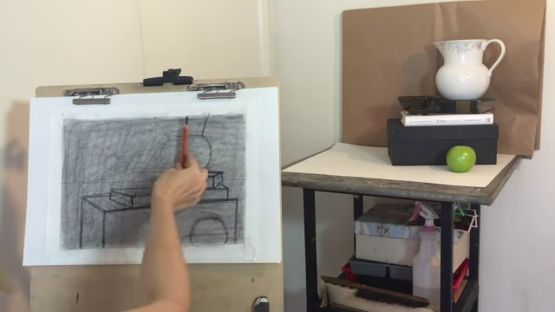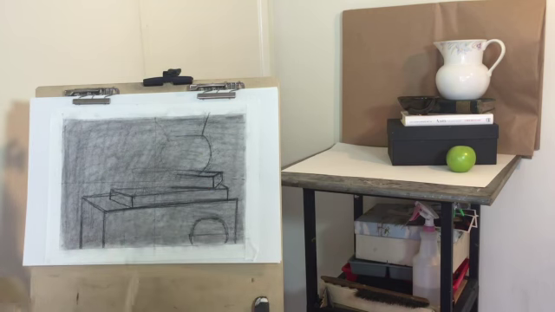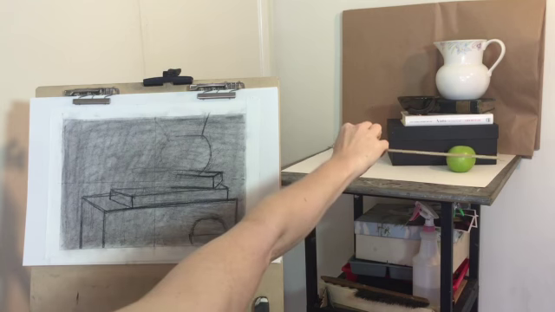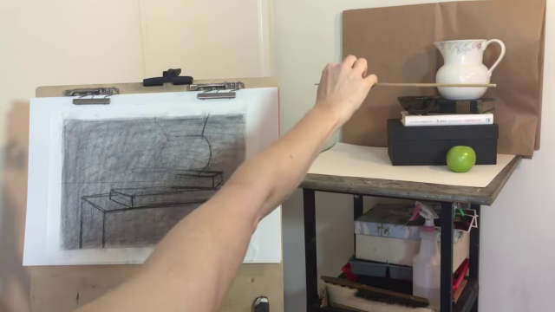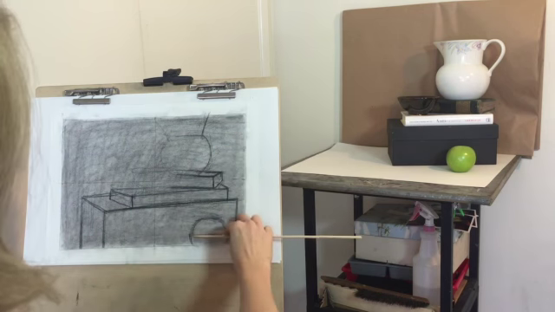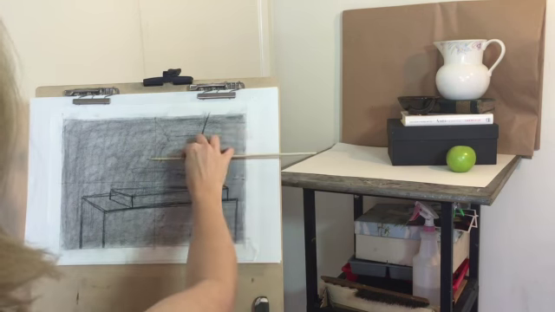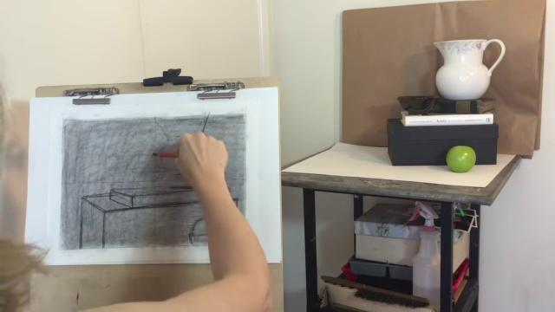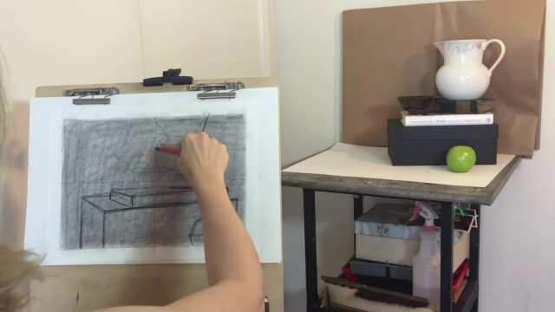So I've got 2 apples high going off the top. How about the width of the jug? So I'm going to take 1 apple, go from the fattest point there on the jug. It's less than 2 apples wide. So about right here.